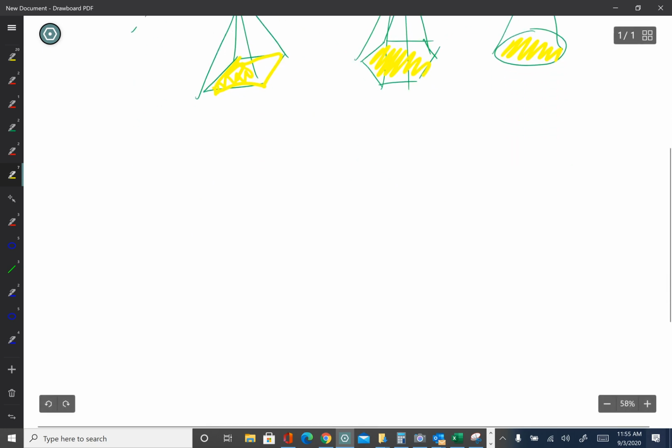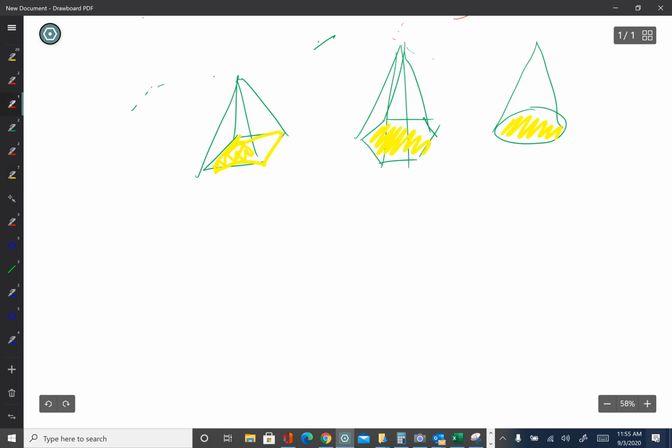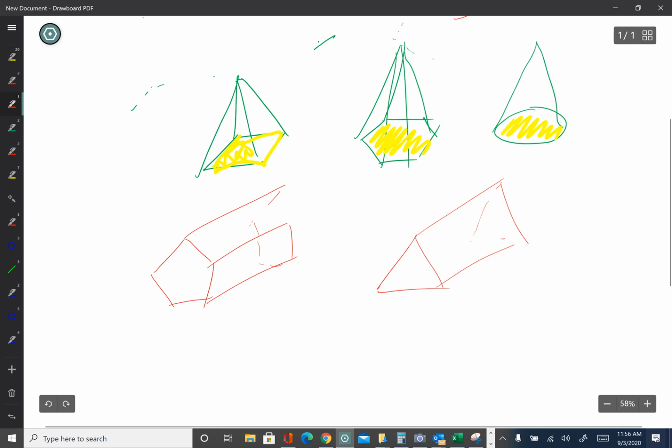All right, the second thing, let's talk about those bases. Let me draw a couple more prisms again, all right? Let's do this one. That's a prism, and then I can also do a triangular prism, right? That's a really poorly drawn picture. Let me fix this one.